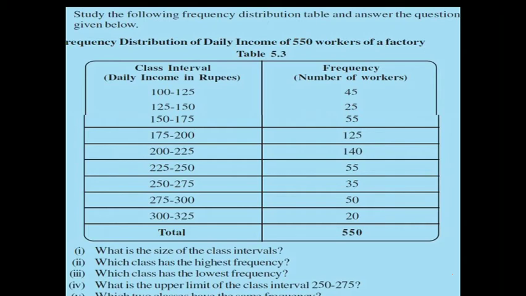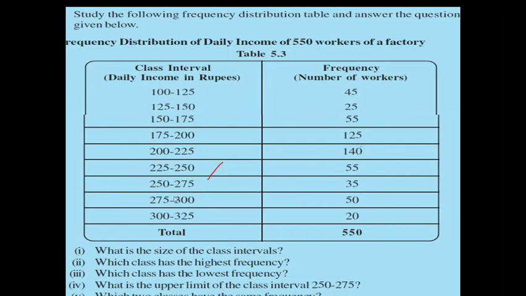Now study the following frequency distribution table and answer the questions given below. Frequency distribution of daily income of 550 workers of a factory. Class intervals which show the daily income in rupees are grouped as 100 to 125, 125 to 150, 150 to 175, 175 to 200, 200 to 225.